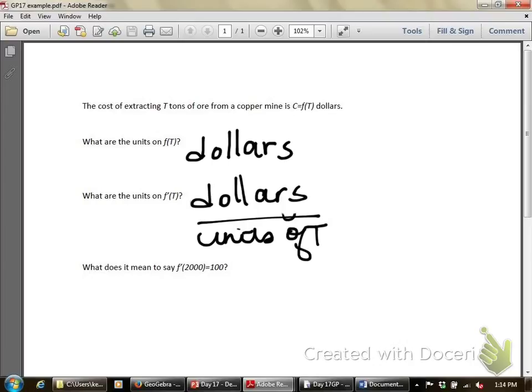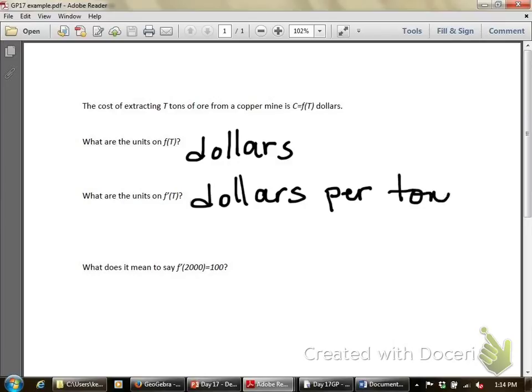And instead of dividing, we're going to say per. And instead of saying units of T, well, T is measured in tons, and this is tons of ore.